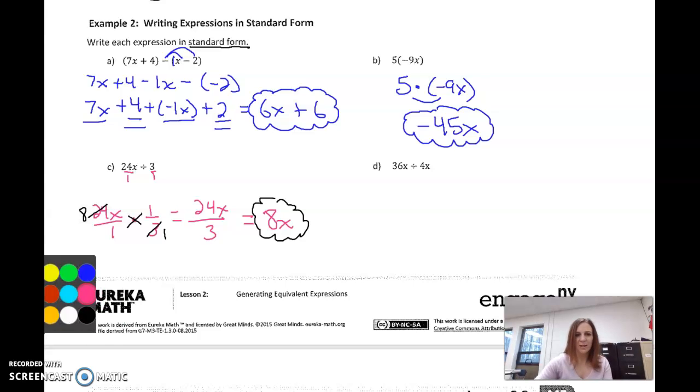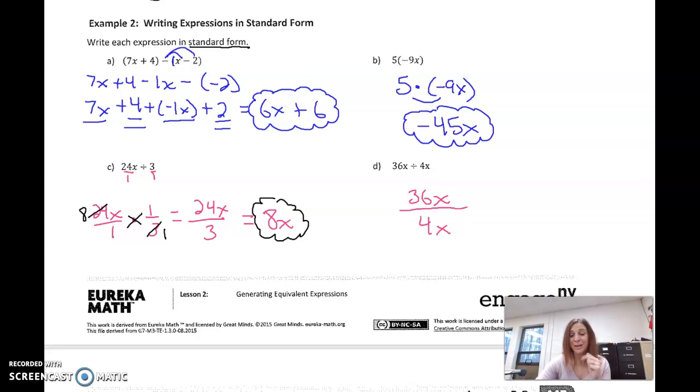So for example, this one here, 36x divided by 4x, I can think of that as 36x's divided by 4x's. And writing it with that division bar becomes very important when we start solving equations. Okay? Now if you look here, we can actually break this up into two parts. 36 divided by 4, that's 9. But what's x divided by x? 1.